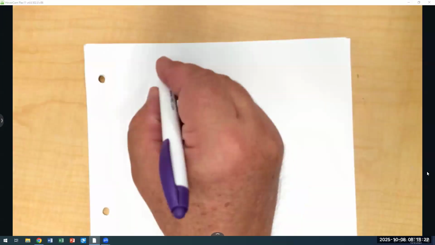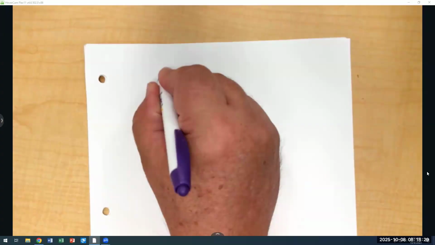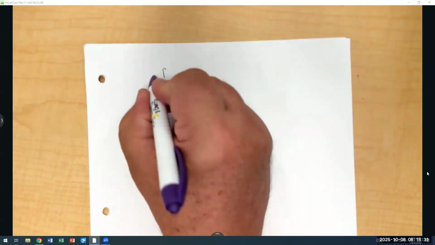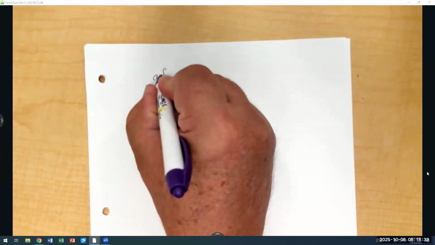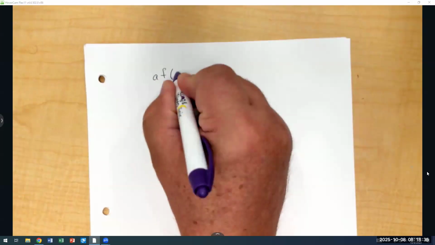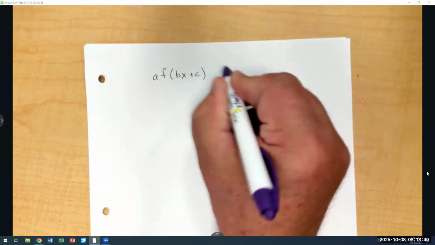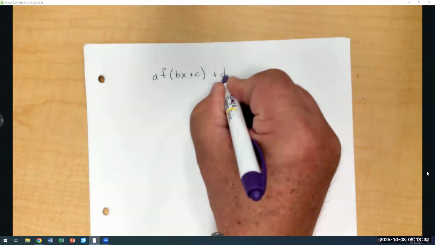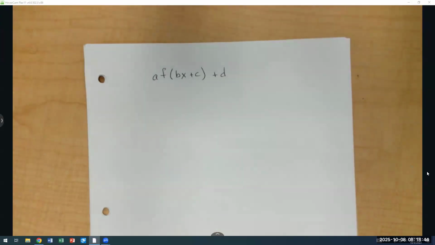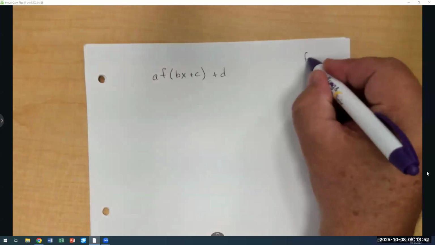Now let's look at transformations, how this all relates. This is a function. Yeah, we're used to seeing functions like this. Pretty boring.